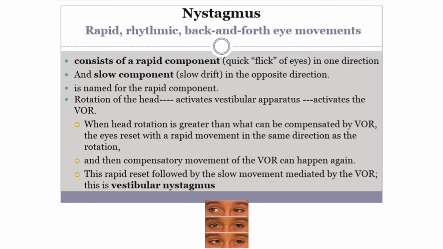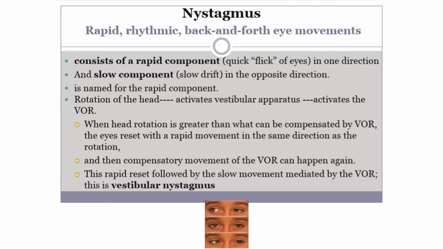Rotation of the head activates that vestibular apparatus and activates the VOR, or vestibulo-ocular reflex. We practiced this a few slides back, where I had you looking at an object a little bit further away from your computer. Focus on that object and turn your head like you're shaking your head no, while continuing to focus your eyes on that object. That was for the VOR.